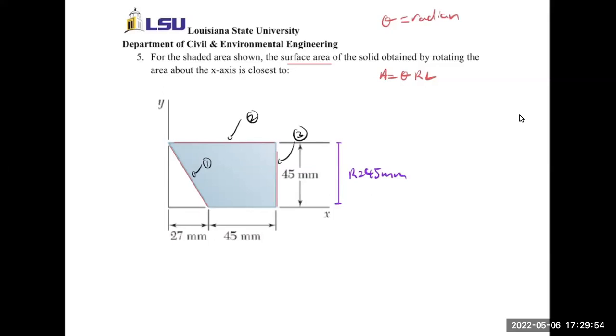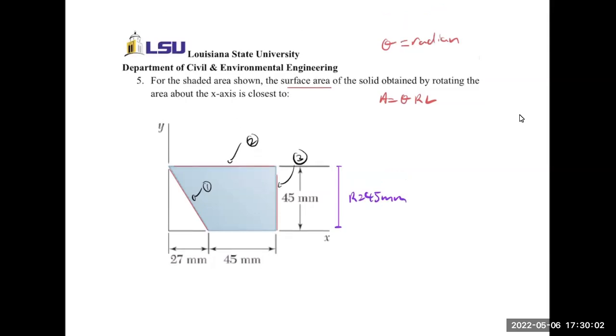If this thing is parallel to the x-axis, then it has 180 degrees. So if it's parallel, the angle is 180, so its theta is going to be 2 pi, right? But if it's perpendicular, then its theta is just pi.